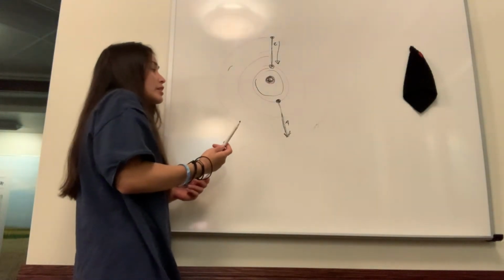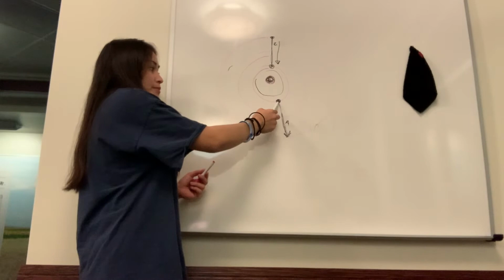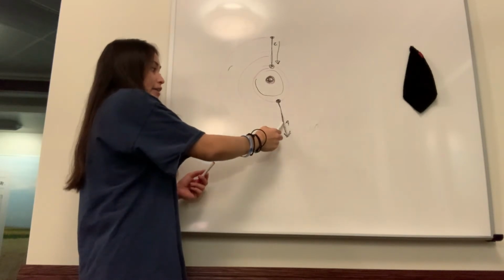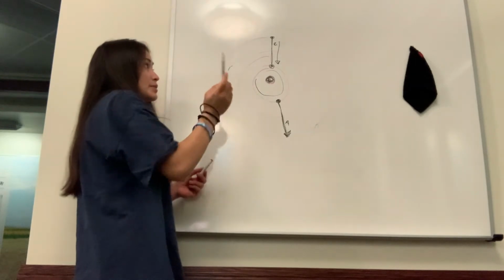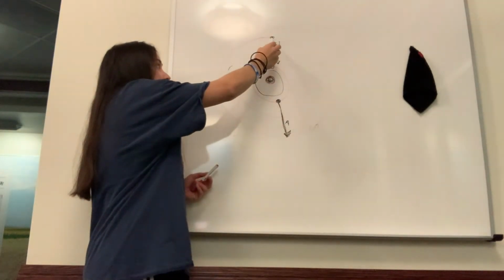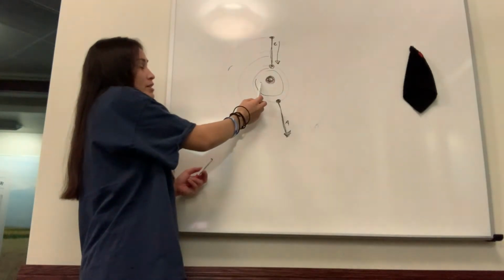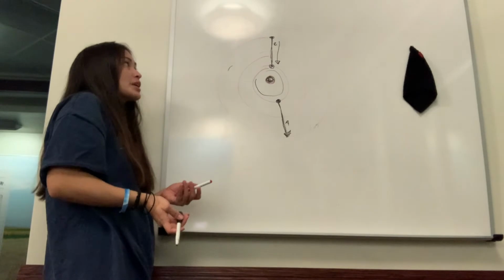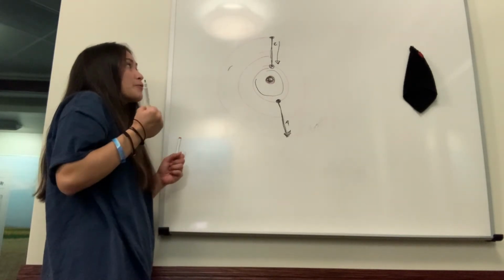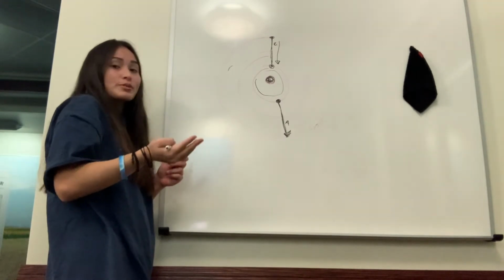When a photon is being absorbed, the electron goes from a lower energy state to a higher energy state. And when a photon is being emitted, it's going from a more excited state back down. It doesn't have to go all the way back to the ground state, but it goes to a lower state than what it was at. That happens when photons are being released, and that comes off as emission, which is what helps us to see color.